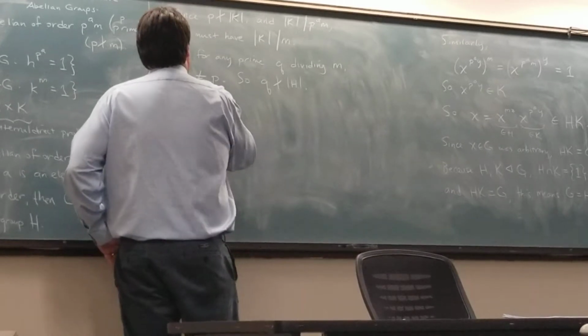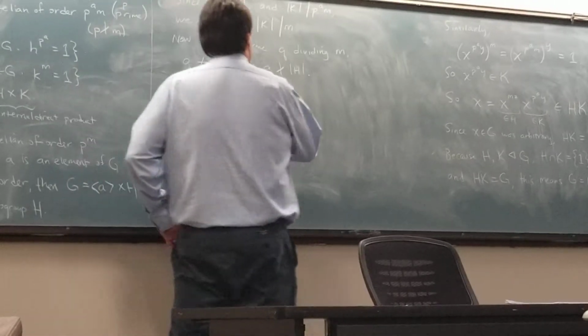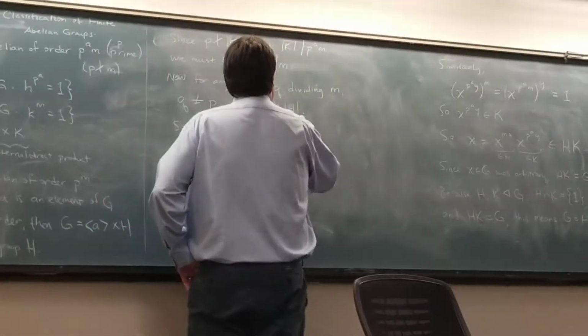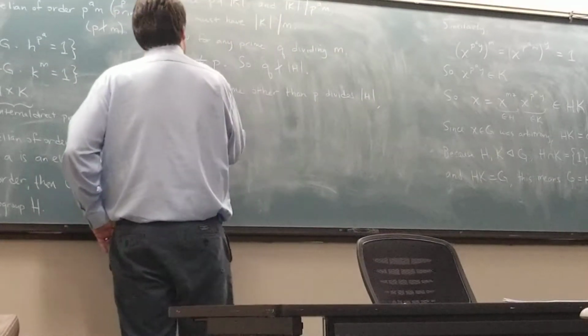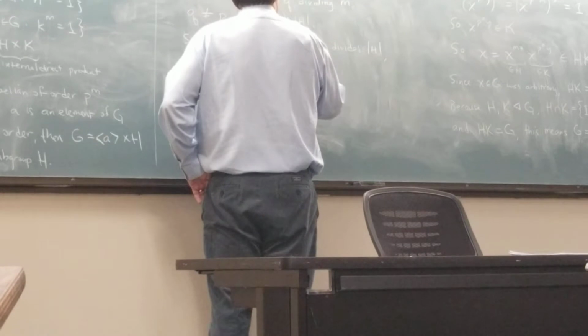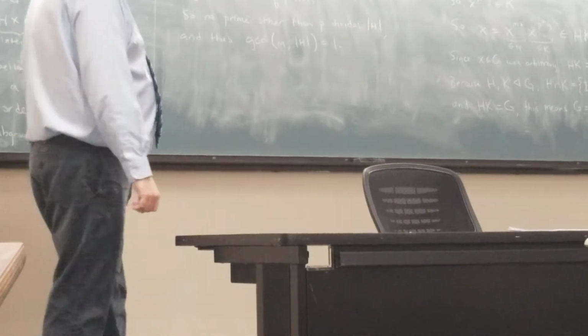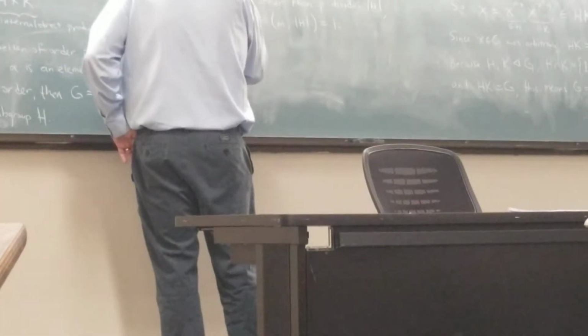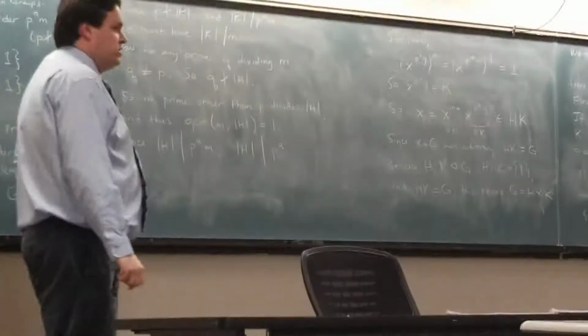All right, so q doesn't divide the order of H. So no prime other than p divides the order of H. And thus the GCD of M and the order of H has to be 1, which means that since the order of H has to divide p to the a times M, the order of H actually has to divide just p to the a.